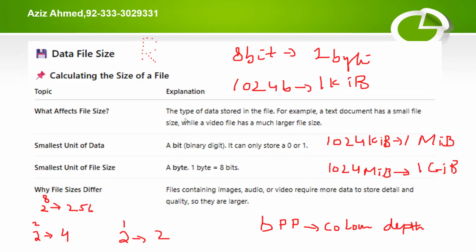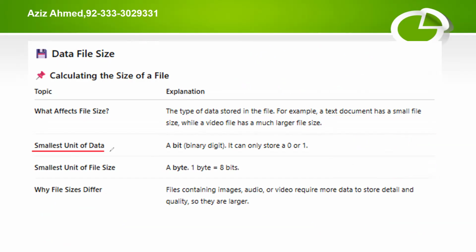Now it says what affects file size. The type of data stored in a file, for example, a text document has a small file size, while a video file has a much larger file size. The smallest unit of data is a bit, a binary digit. It can only store a 0 or 1.